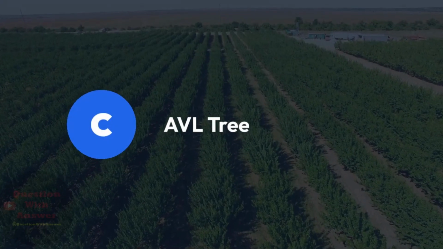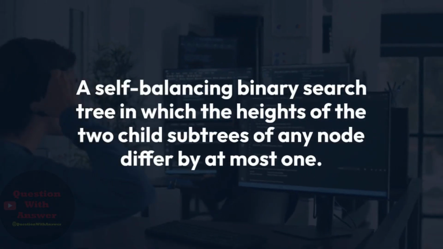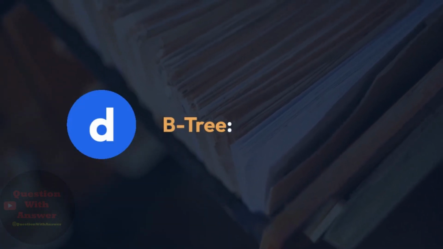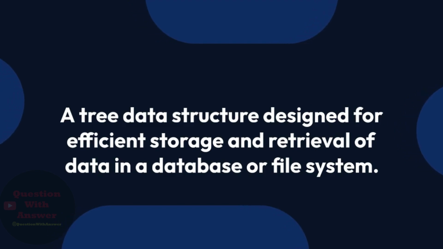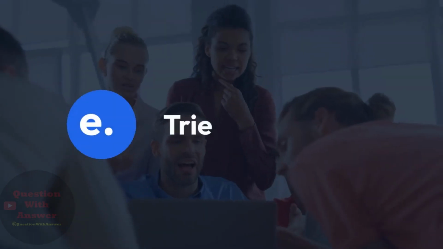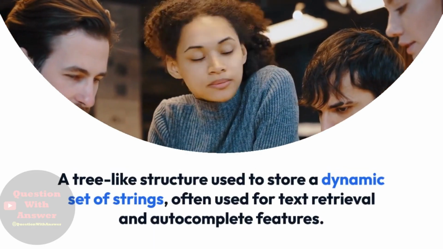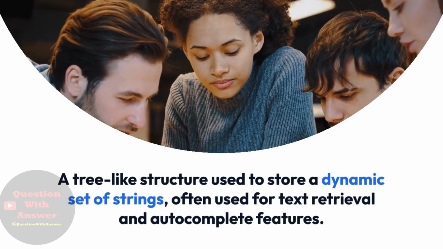C. AVL tree, a self-balancing binary search tree in which the heights of the two child subtrees of any node differ by at most 1. D. B-tree, a tree data structure designed for efficient storage and retrieval of data in a database or file system. E. Trie, a tree-like structure used to store a dynamic set of strings, often used for text retrieval and autocomplete features.